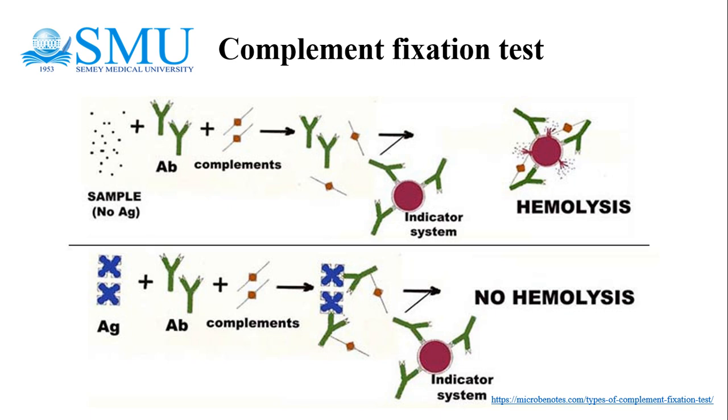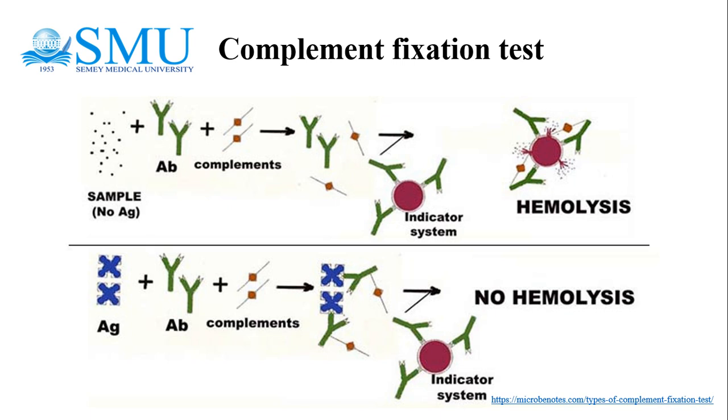If the test serum is positive for antibody, an antigen-antibody complex is formed, and the complement gets fixed to the complex, so there will be no free complement in the serum. If the test serum is negative for antibody, there is no antigen-antibody complex, and the complement is not fixed, hence remains free in the serum.